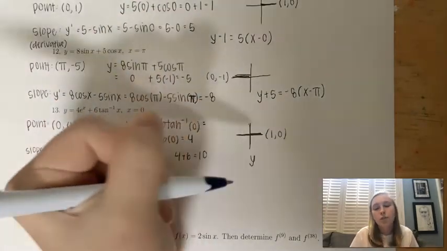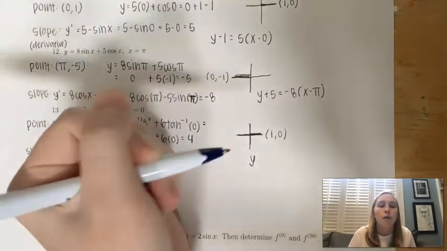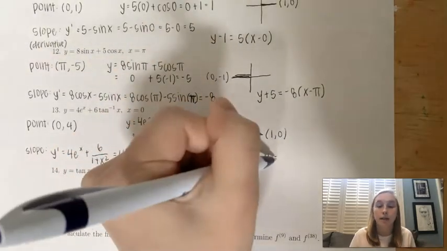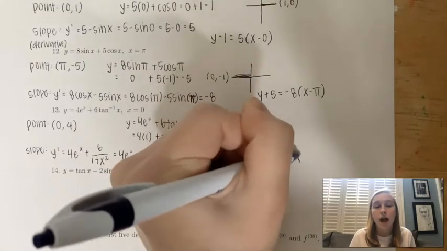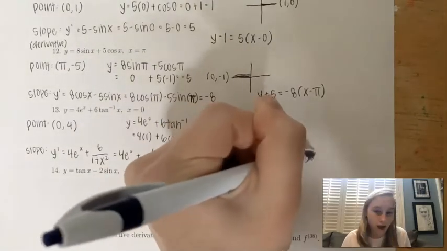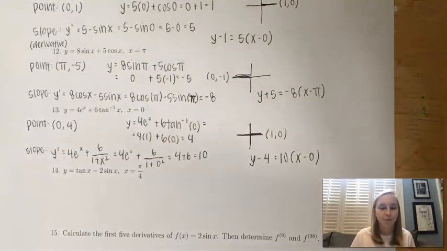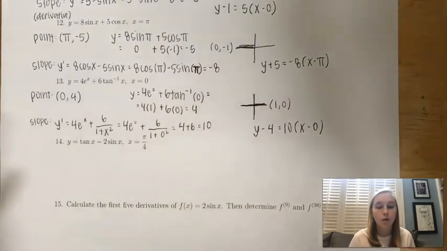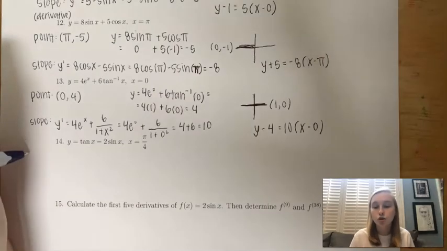So your equation, point slope form, so y minus 4 equals the slope, which you found through the derivative is 10, times x minus 0, or just x, however you want to do it. You do you.